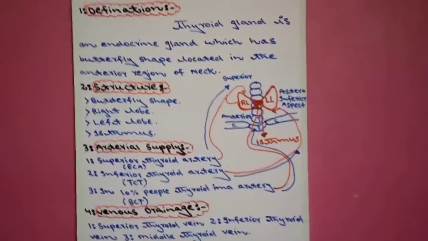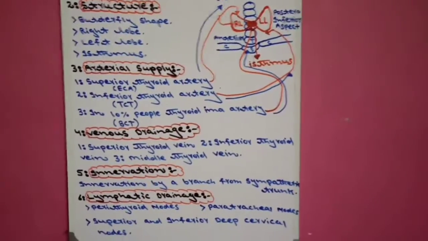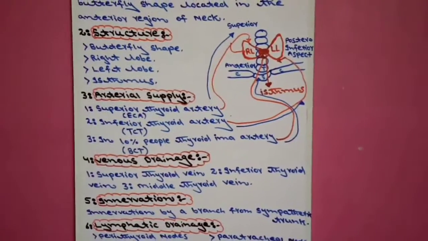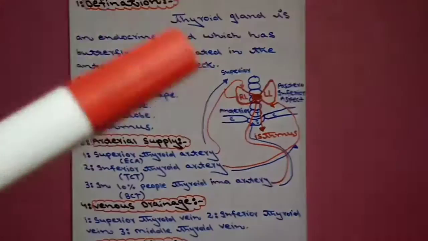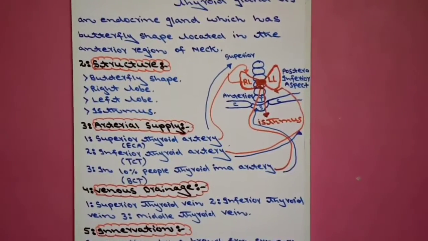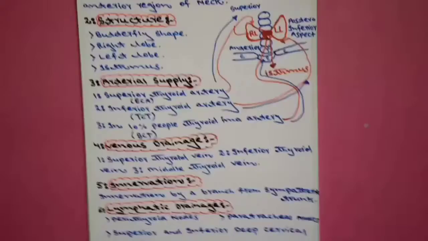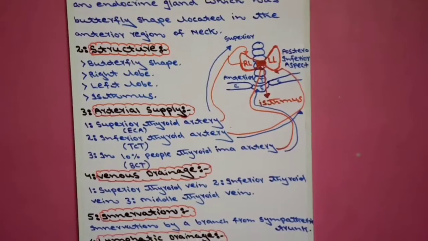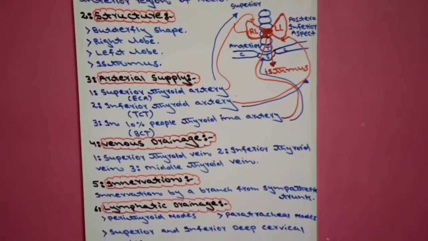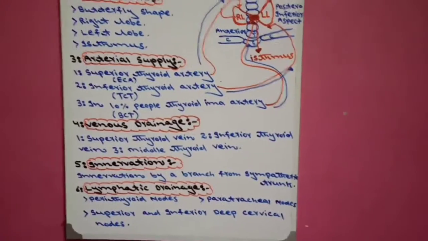Now we simply remember the arterial supply, venous drainage, lymphatics by the superior and inferior region of thyroid gland. By superior and inferior names, we remember the arterial supply, venous drainage, and lymphatic drainage easily. Like arterial supply, superior and inferior thyroid artery; venous drainage, superior and inferior thyroid vein; and lymphatics, superior and inferior deep cervical nodes.